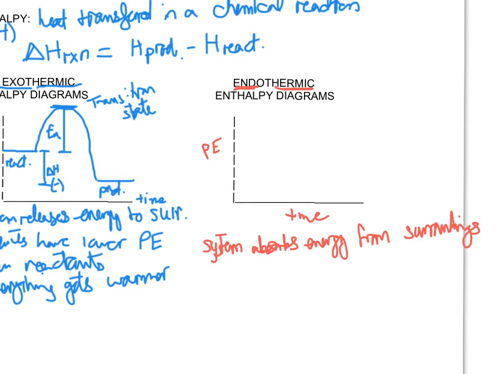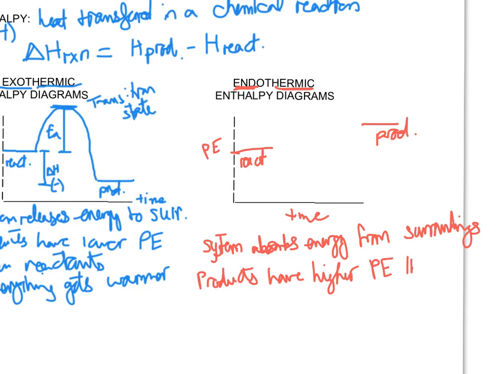So let's say your reactants are at a certain amount of energy here. And these reactants are going to absorb energy in order to become products. So if I'm absorbing energy to get to the products, that means that the products must be at higher energy. So products have higher potential energy than the reactants.